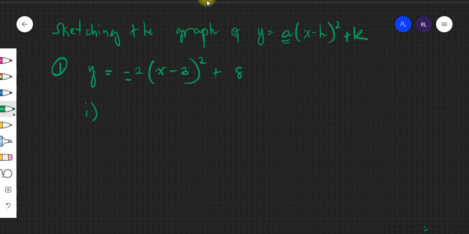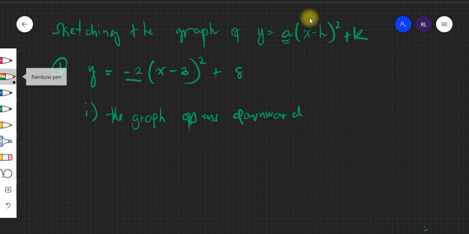As you can see, a here is less than 0, so we expect that our graph opens downward. It looks like this.